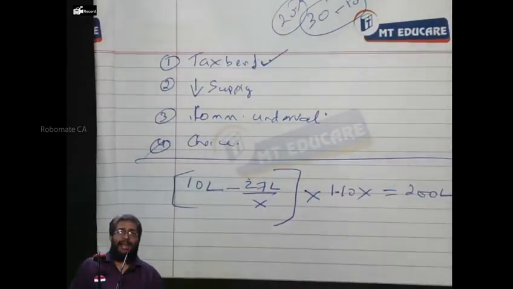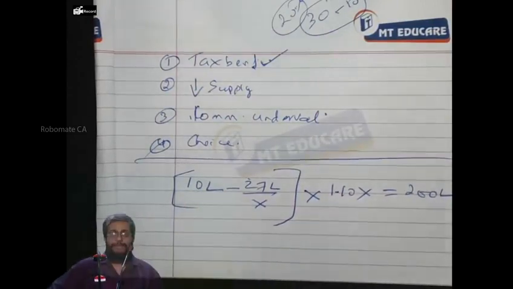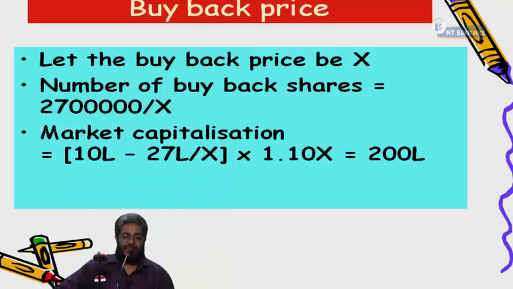Market capitalization is equal to 10 lakhs minus 27 lakhs by X, into 1.10 X, which is equal to 200 lakhs.